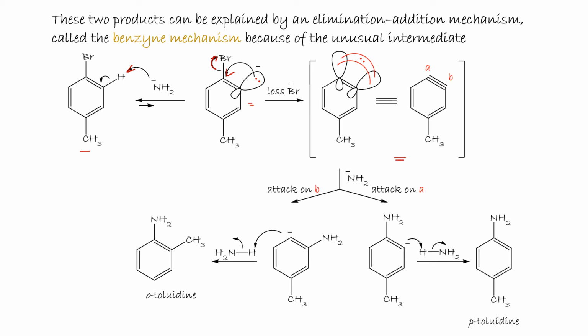You add NH2 then. So the first step is elimination, and the second step is addition. Either NH2 attacks carbon A to form this species, which then abstracts hydrogen to form the para-toluidine, or the NH2 attacks carbon B to form the meta anion, which again abstracts hydrogen to form the ortho-toluidine.